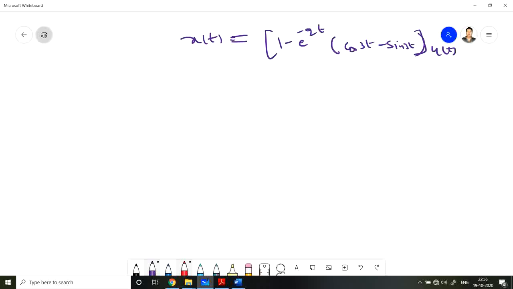So let us do another problem on inverse Laplace transform.